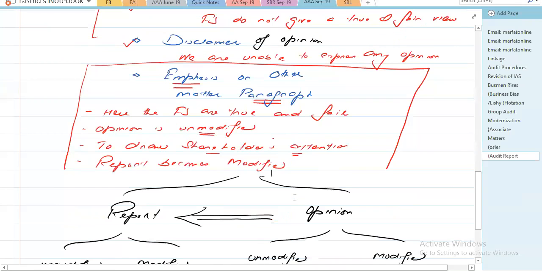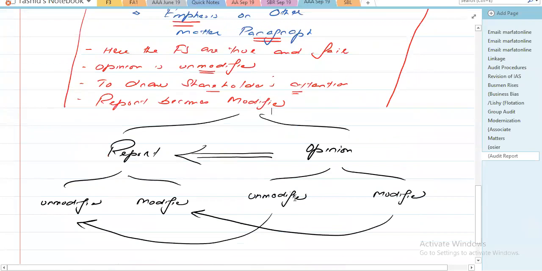So now you can feel why I have introduced this. When you talk about the report, it is unmodified or modified. When you talk about the opinion, it is also unmodified or modified. The unmodified opinion will be placed in the unmodified report, and the modified opinions will be placed in the modified report.